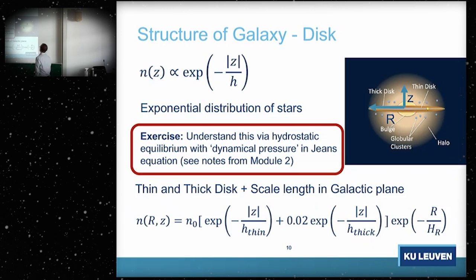This is an exercise for you to realize this. As you can see, this is like a best fitting formula. The majority of the stars sit here in the thin disk. If we take a given distance here and then go up vertically in the disk, the majority sits here, and it is a minority that sits in the thick disk. Okay?